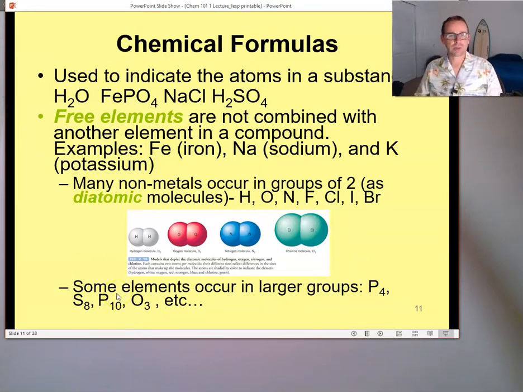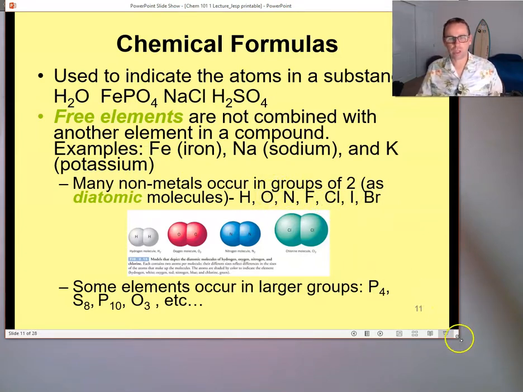So you do have some scenarios where larger clusters of atoms are going around in their elemental form. In general, these are the major ones we want to watch out for: hydrogen, oxygen, nitrogen, fluorine, chlorine, iodine, and bromine. They'll usually give us ways to know we're talking about elemental materials.